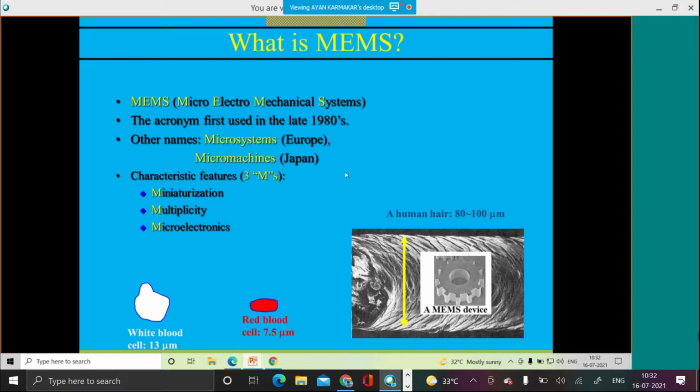And if you ask what device dimension you can achieve with this technology, you can think of it as nothing but the size of your RBC or WBC, red blood corpuscle, or a human hair.